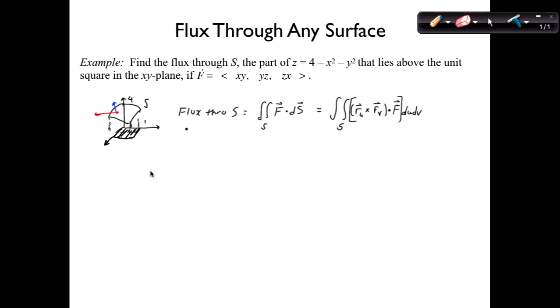So what do we need to do? Parameterize the surface, right? So what are we going to choose for u and v? What two variables are we going to choose?